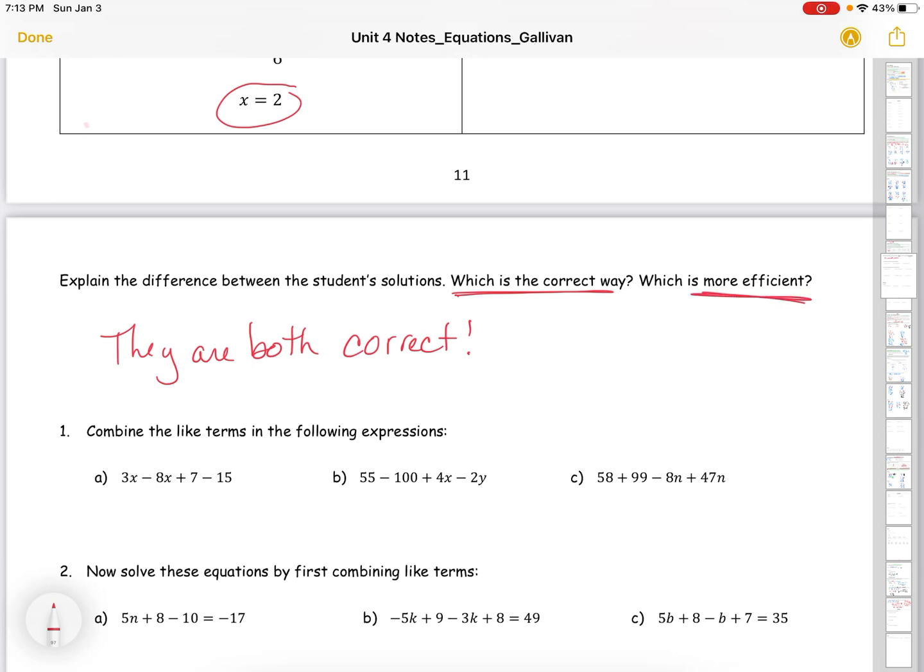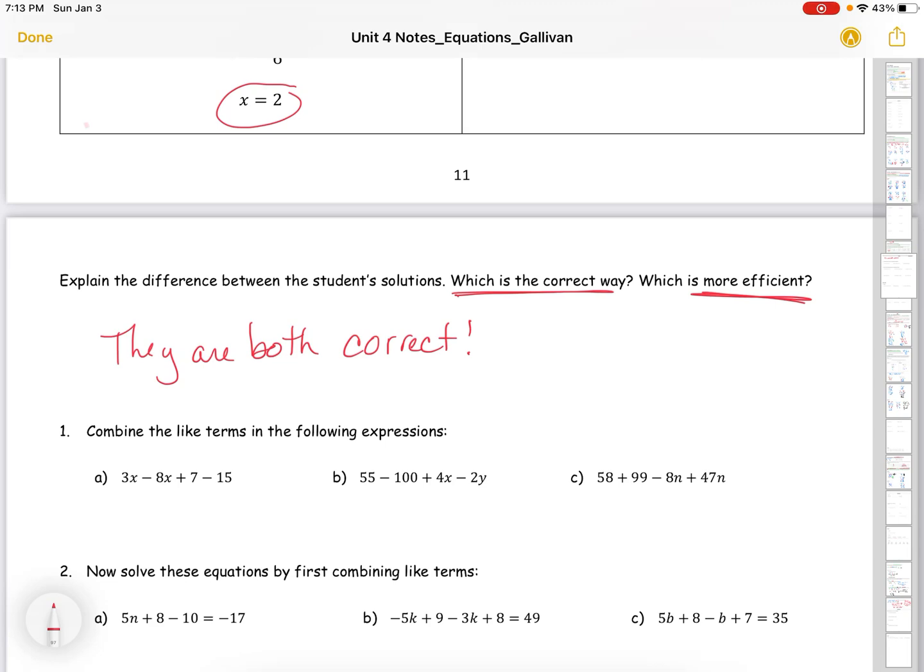Okay, when it says which is more efficient, it really depends upon your fraction skills. If you don't have terrific fraction skills, then you might find, or if you, it really depends on how you understand fractions and how you like dealing with them.